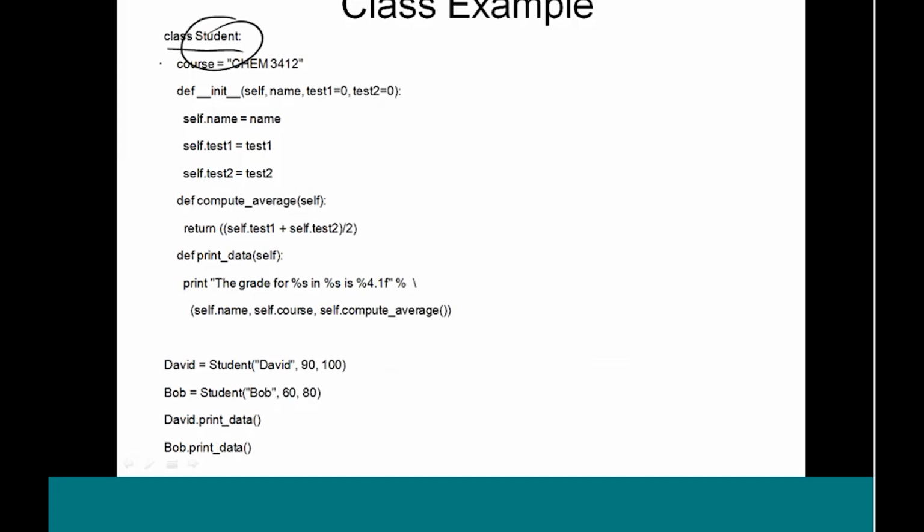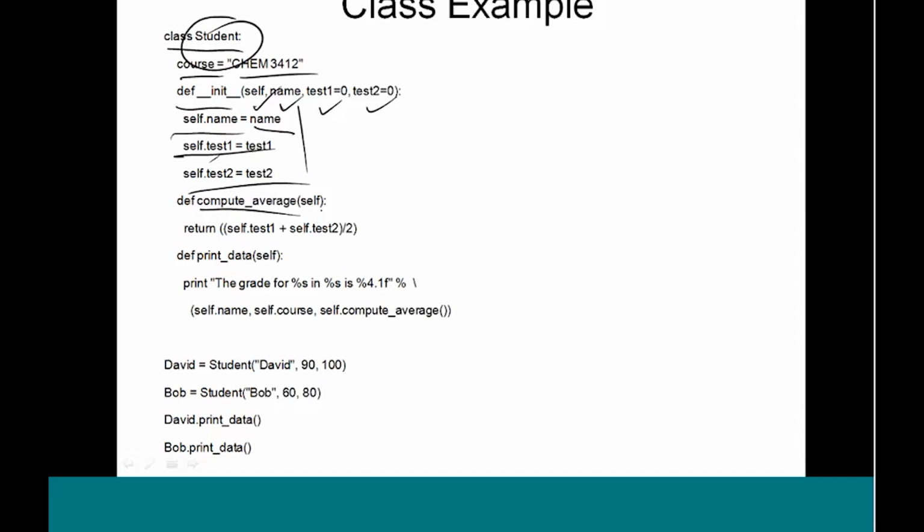So here is an example. Here we define a class called student. The student has various attributes. One is the course, which we define as Chem3412, and then we define several functions. The first one is the underscore init underscore. Here we give self, name, test1 equal to 0 and test2 equal to 0, some initial values. So self.name is the name that we assign. Self.test1 is just called test1, and self.test2 is also another test, test2.